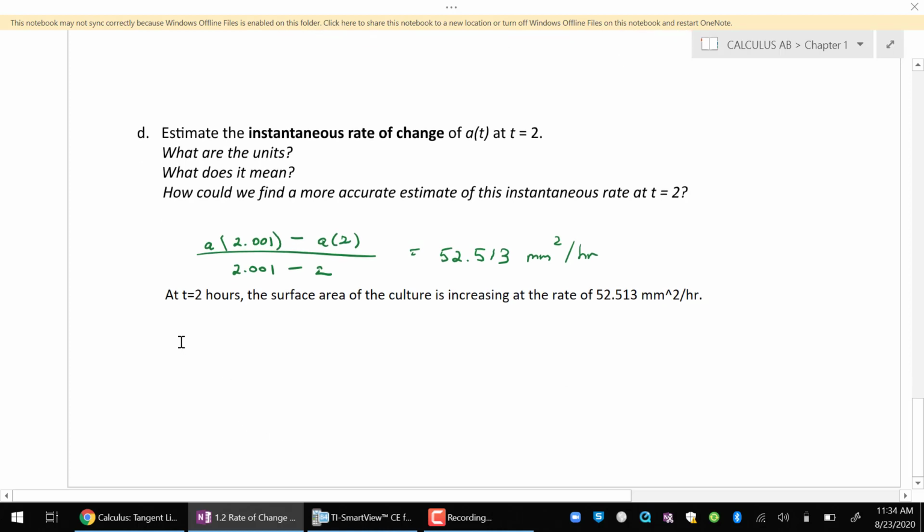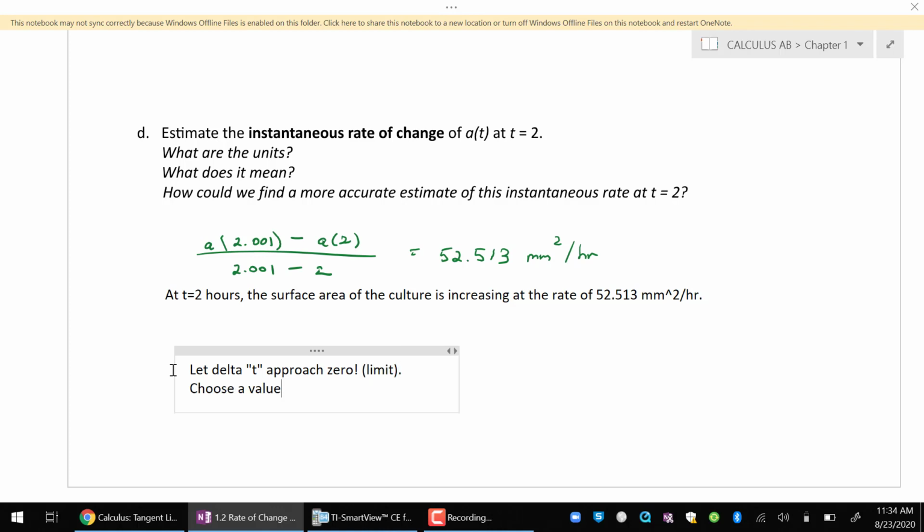So what I might suggest here is let delta t approach 0, and that's this idea of a limit. Choose a value closer to time equals 2 hours, and then do that difference quotient one more time.